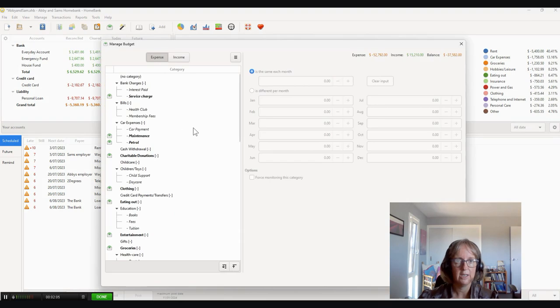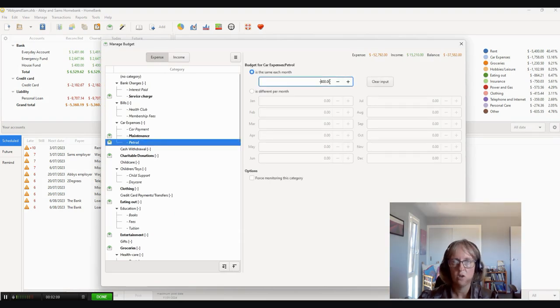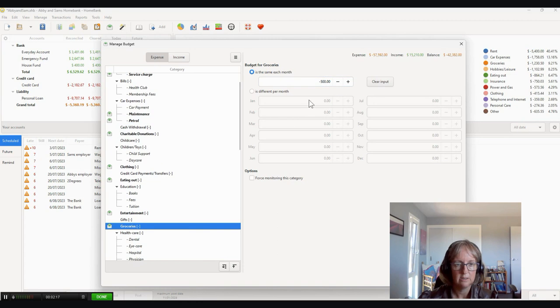You go back into budget, you go into petrol, it's closer really to $800. Well, $750, but we'll say $800. Groceries was $500, but we might say it's closer to $550. So they're just small tweaks. Don't get too pedantic about the budget.